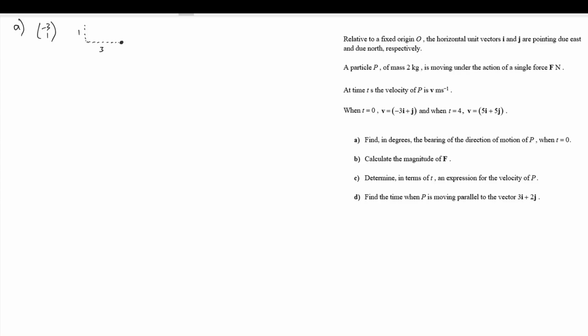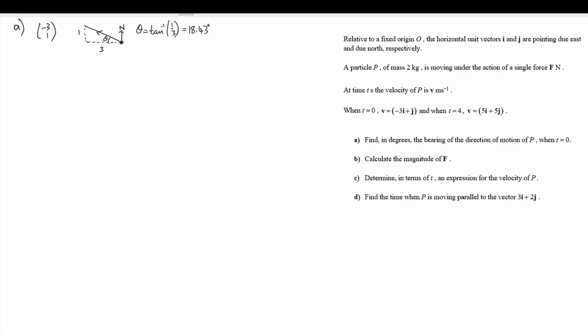Here's our starting point. We move 3 to the left and up by 1. This is the vector. We can use all the information here to find out what theta is. So theta is inverse tan 1 over 3. That gets us 18.43 degrees. That's not exactly what the question wants from us, though. The question wants us to find the bearing, and the bearing needs to start from north and go clockwise.